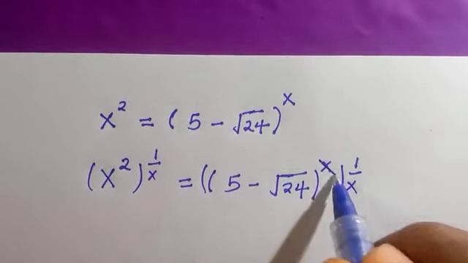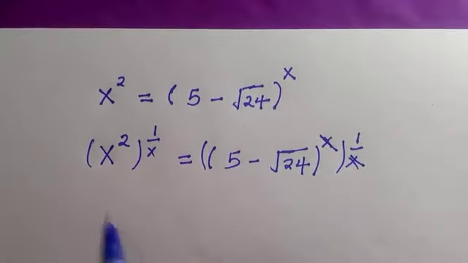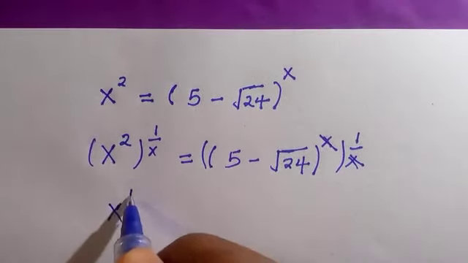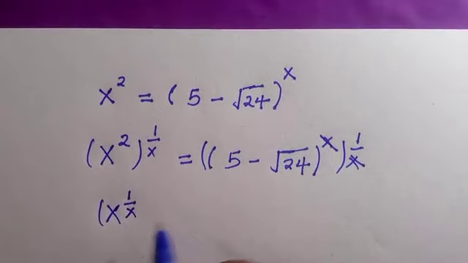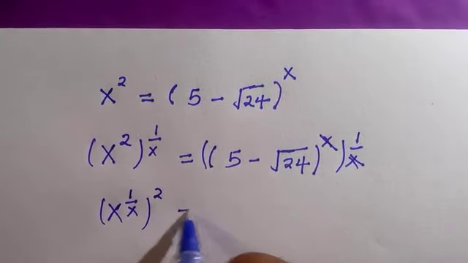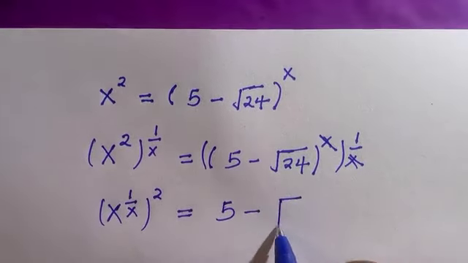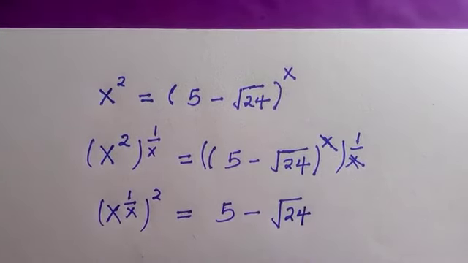So x cancels x in this. By applying the law of exponent, we interchange the power, which is 1 over x raised to power of 2, equals, the entire of this becomes 5 minus root 24.